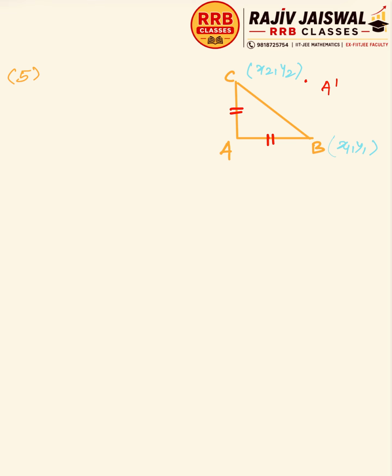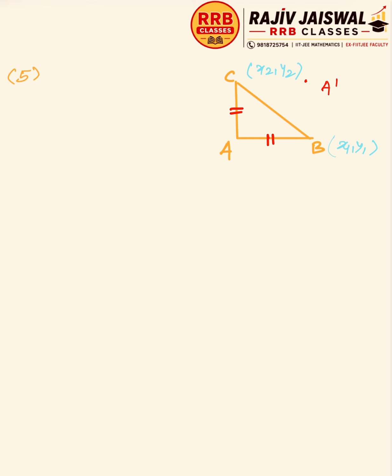What is given? The right angle isosceles triangle is given, and the endpoints B and C are known. We have to find the third vertex. Obviously we can solve this problem using the distance formula, but we can remember a simple result or trick, and then we can find the third vertex easily. What are the coordinates of the third vertex?